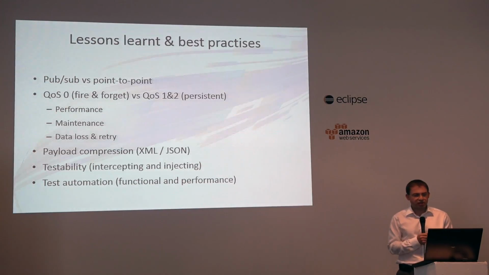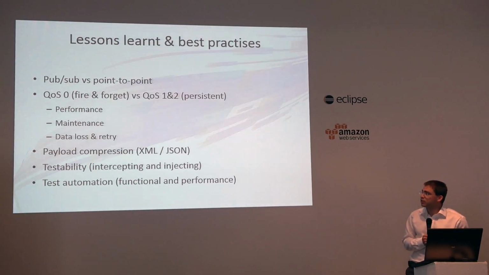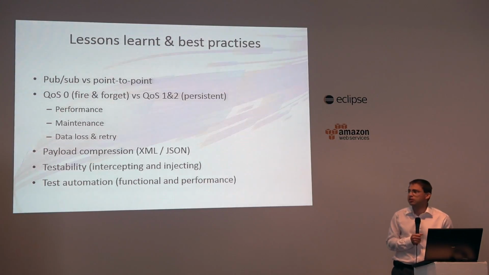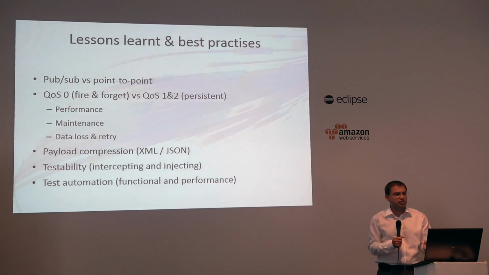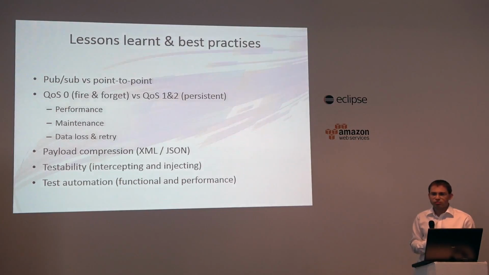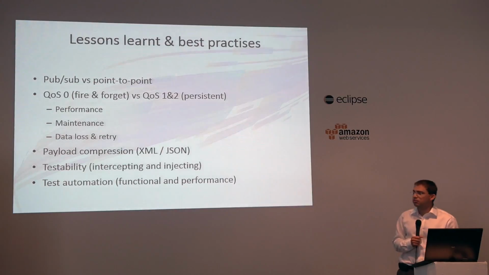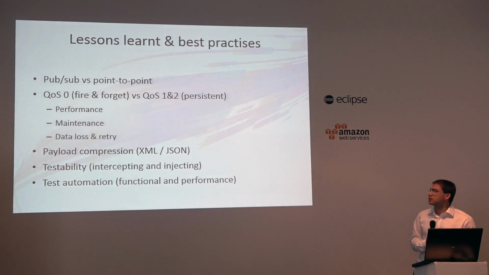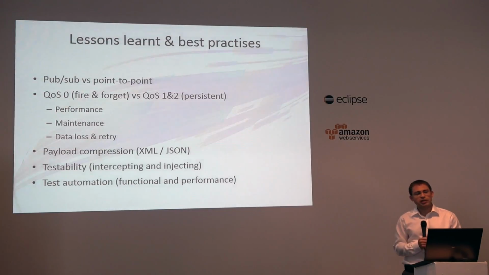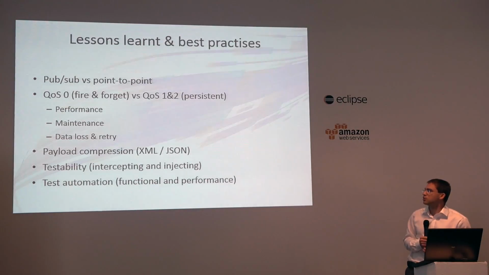But if you start taking into account things like performance, maintenance, potential data loss and retry in some rare cases, say your messaging server hardware dies, the hard disk dies, what do you do then? If you take all those things into account and need to achieve 5 nines availability, you realize that you still need to implement some mechanisms to cater for data loss and do some retries.